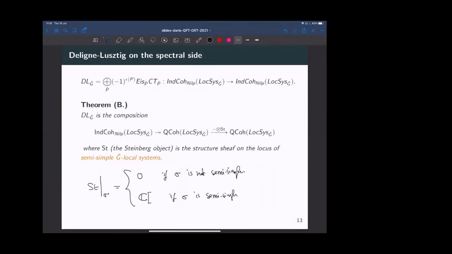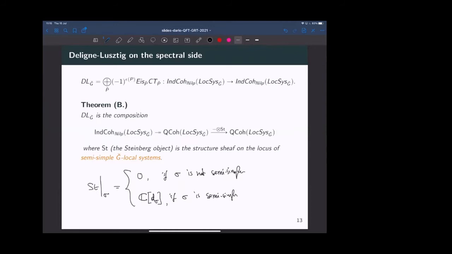But it's shifted by some homological shift that depends on sigma. So it's not really a structure sheaf. There's no control of the shift; there's an interpretation of the shift, but it varies wildly across the local systems.